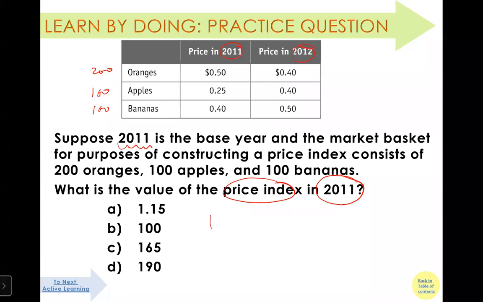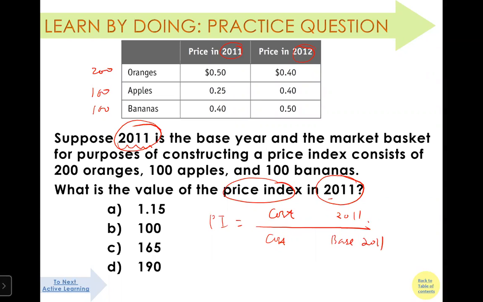The price index, called PI, equals cost in the current year, which is 2011, divided by cost in the base year. But now this one is also 2011, times 100. Hence, this question you don't really need to calculate. The answer is going to be 100, because you're looking at the price index in the base year.